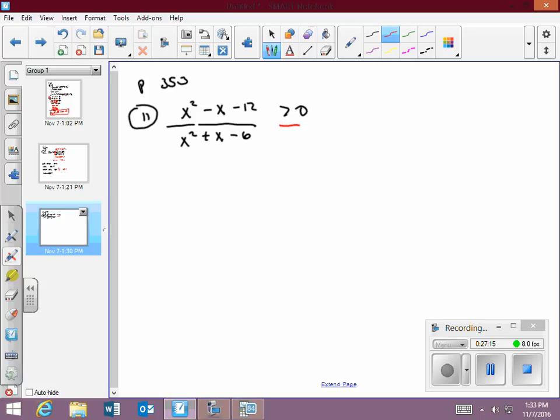All right. So now what I'm going to do is I'm going to factor the numerator. And I'm going to factor the denominator. Okay, the numerator, how is it going to factor? Okay, x minus 4, x plus 3, is that what I heard?